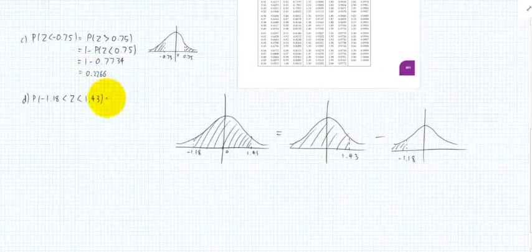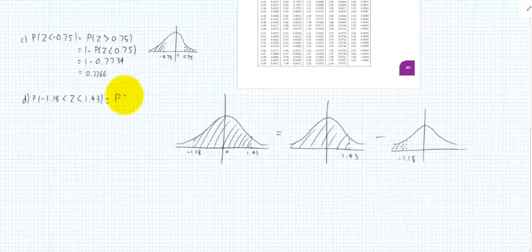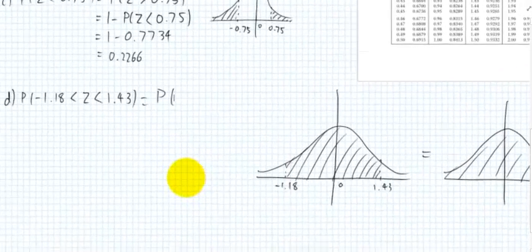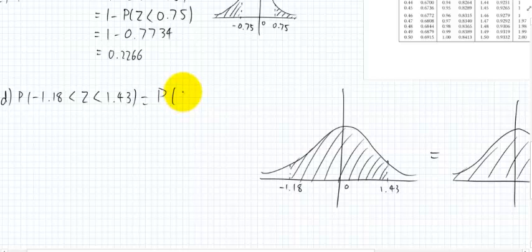So this is equal to the probability of z being less than 1.43 minus the probability of z being less than minus 1.18.